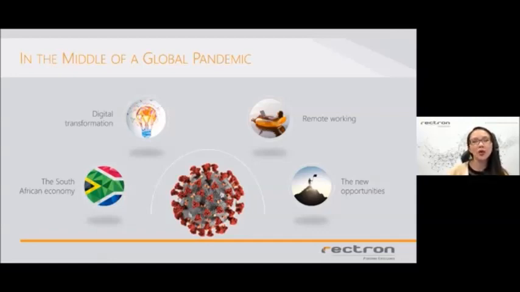What we're seeing is that those companies who have been able to successfully implement remote working have been the ones that have been successful during the lockdowns. We're seeing tools like Teams and its competitors surge in usage around the world. And it's not just for work, we're seeing this in schooling as well. Where does this leave us? This leaves us with loads and loads of new opportunities. And I think that there's some really great new opportunities that you have here with Microsoft. Remember that in order for you to find success, you need to be able to do something new today and not just do what you did yesterday to be successful in the long term.